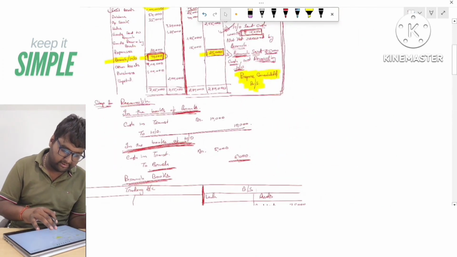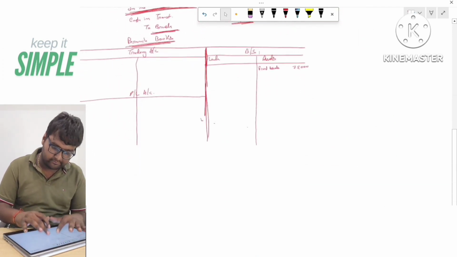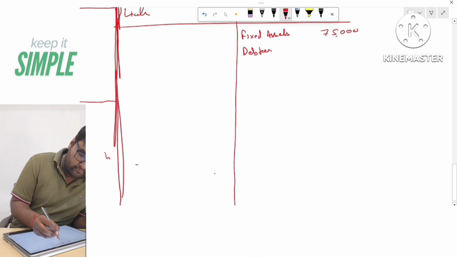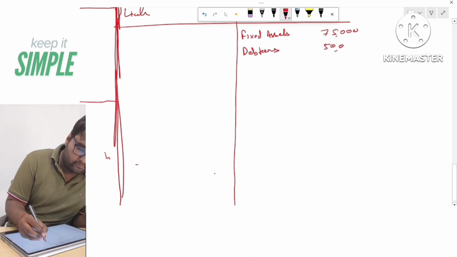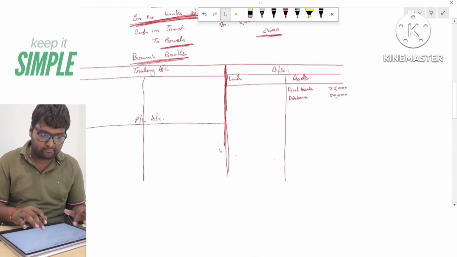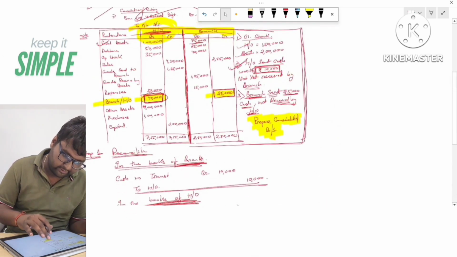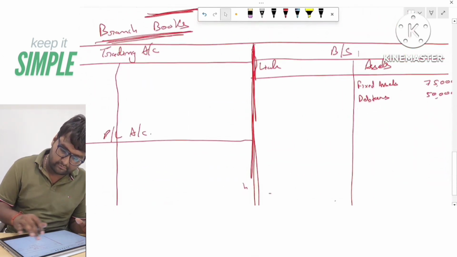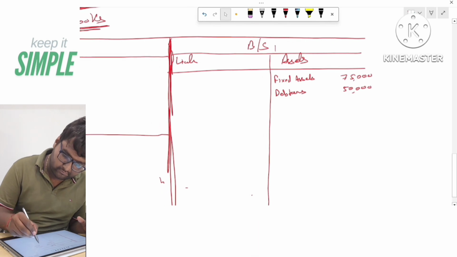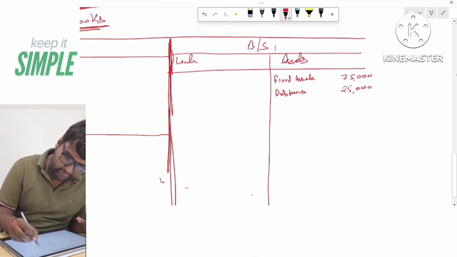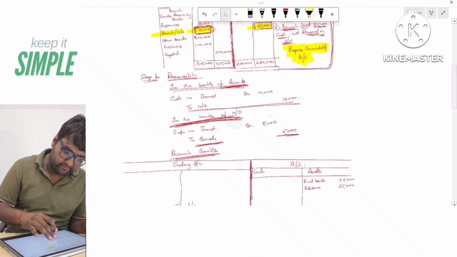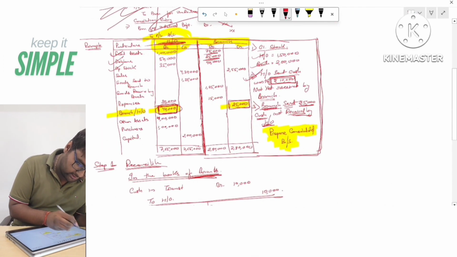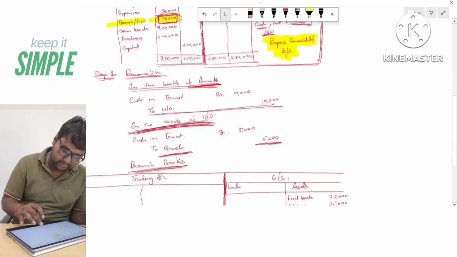Next what was their debtors 50,000. No, it was 25,000. No, see, it was 25,000. What was the third thing? Third thing was this is done, this is done. This third is opening stock 40,000.